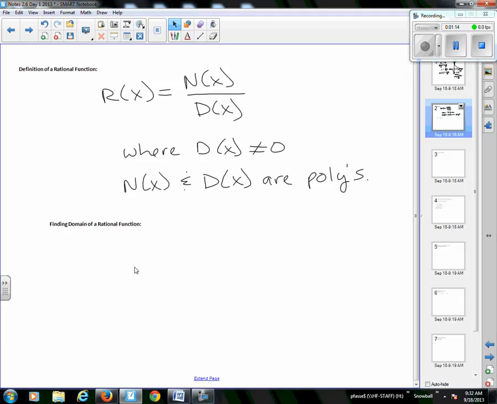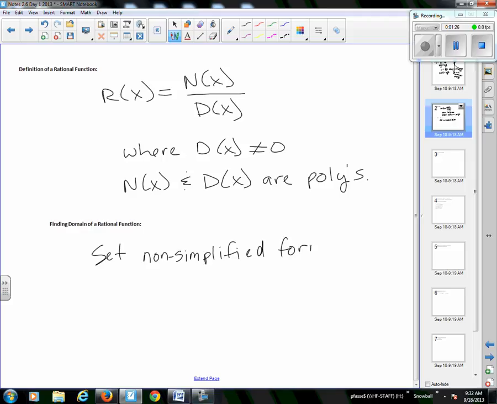0. So to find the domain of a function, you set the non-simplified form of d of x equal to 0.